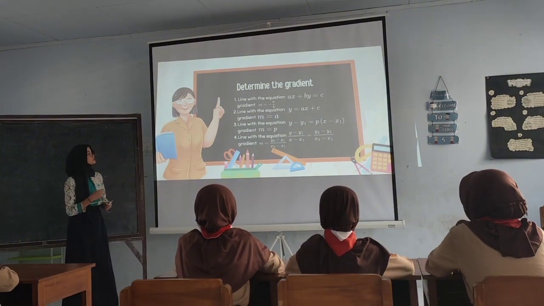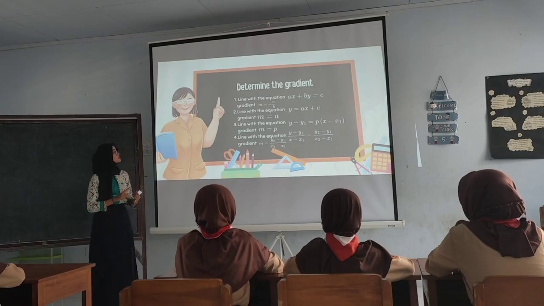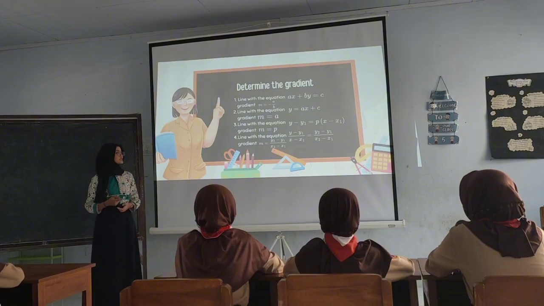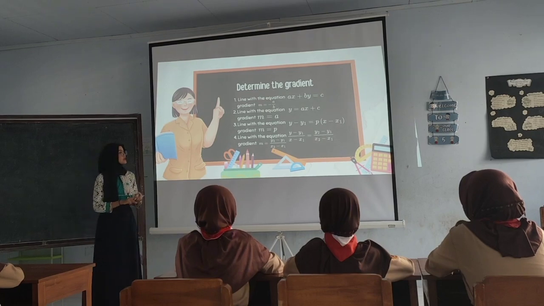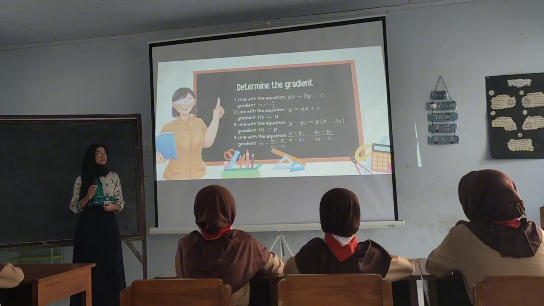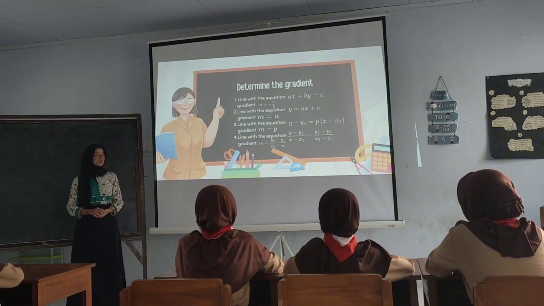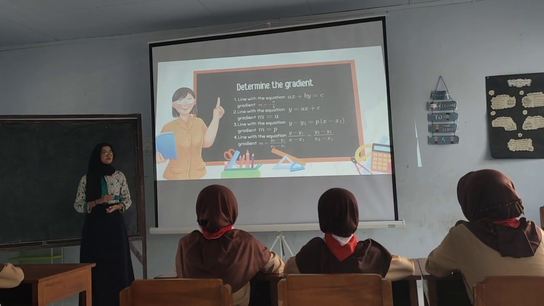Determine the gradient. Number 1, the line with the equation ax + by = c. The gradient m is minus a over b. Number 2, the line with the equation y = ax + c. The gradient m is a. Number 3, the line with the equation y - y1 = p(x - x1).